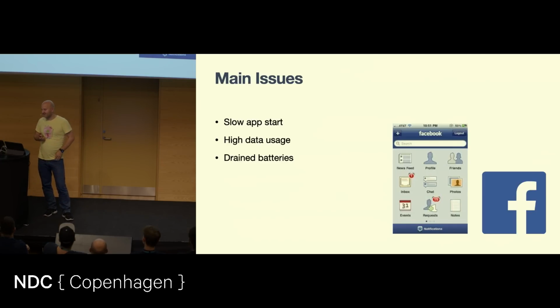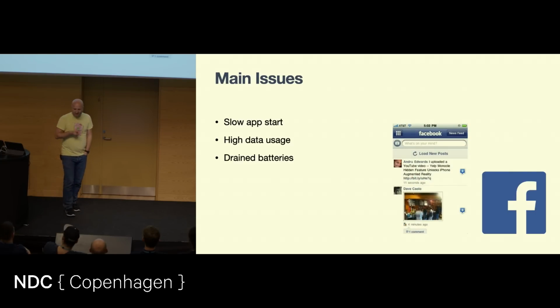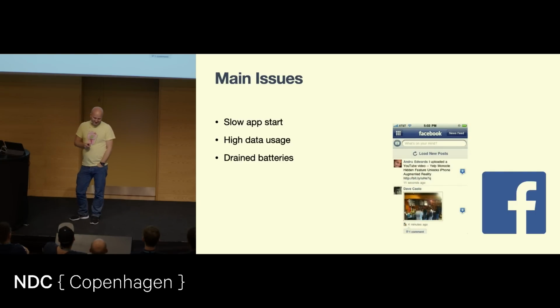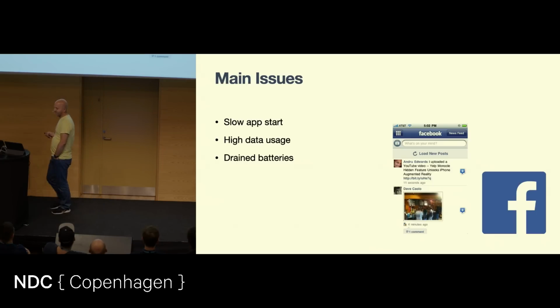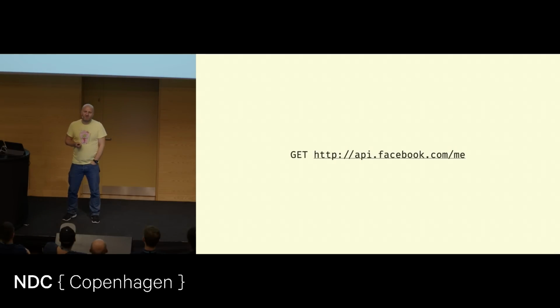So the Facebook engineers went and analyzed what went wrong with the mobile application of Facebook. And what they found out is that they did everything like they did with their Facebook web application. So they used HTML, they used REST as a backend, so everything seems to be fine.